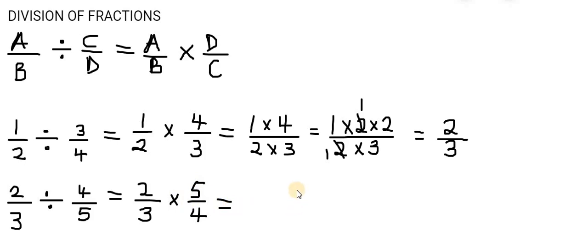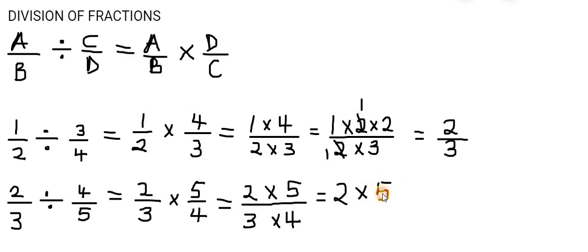Now, top number times top number, 2 times 5, bottom number times bottom number, 3 times 4. 2 is a prime number, times 5 another prime number, and 3 is a prime number, but 4 is not. We break that down into 2 times 2 as a product of prime factors. Now 2 is a factor at the top and there's a 2 at the bottom. So we strike that out for 1 and 1.